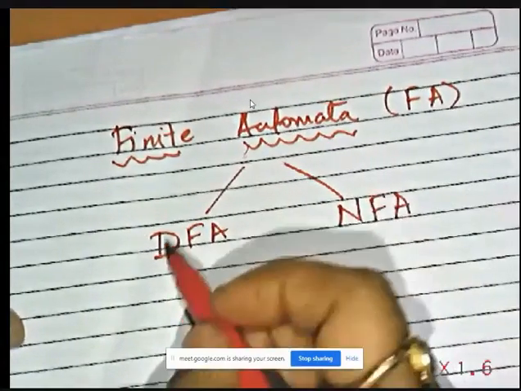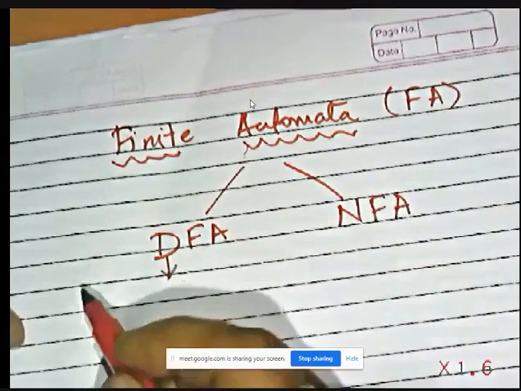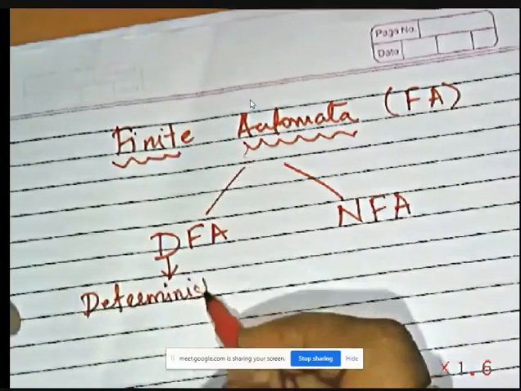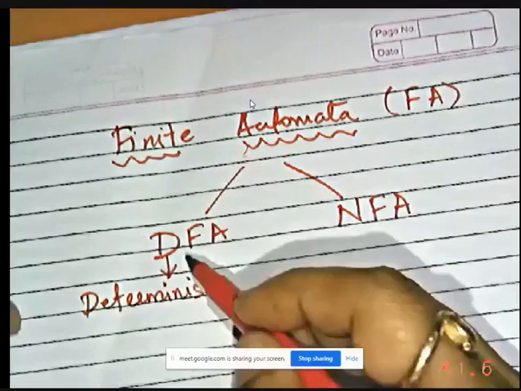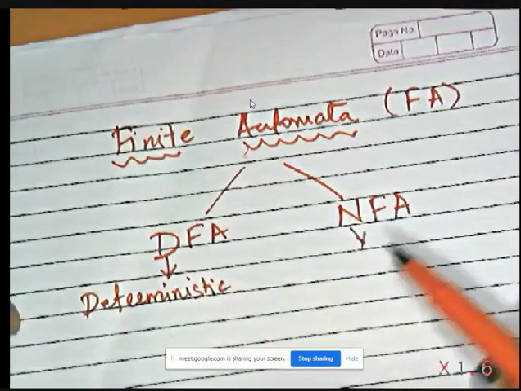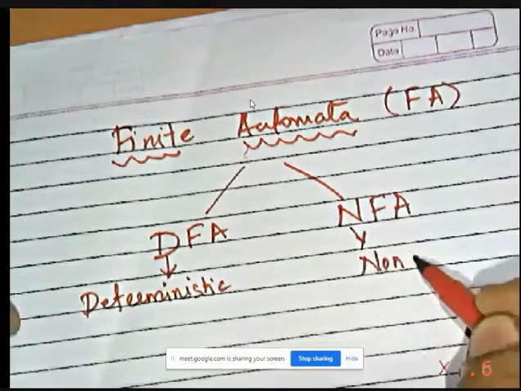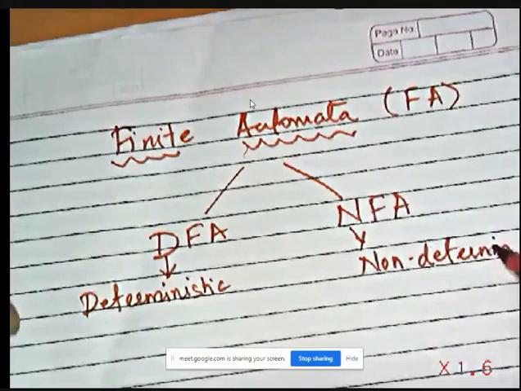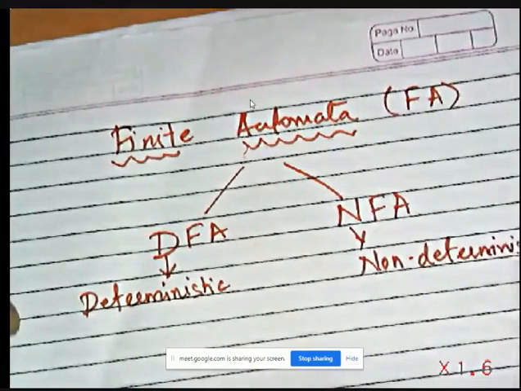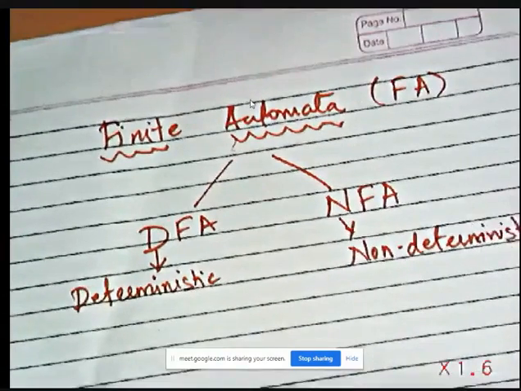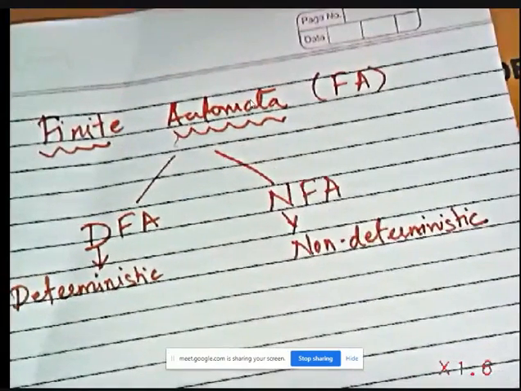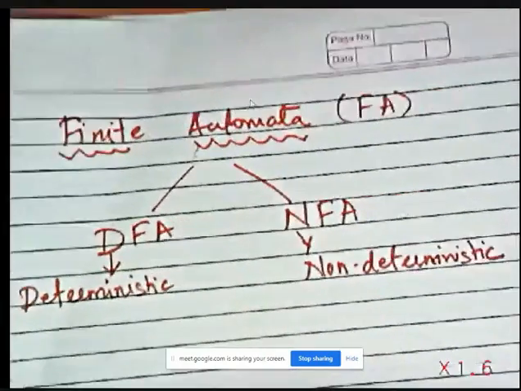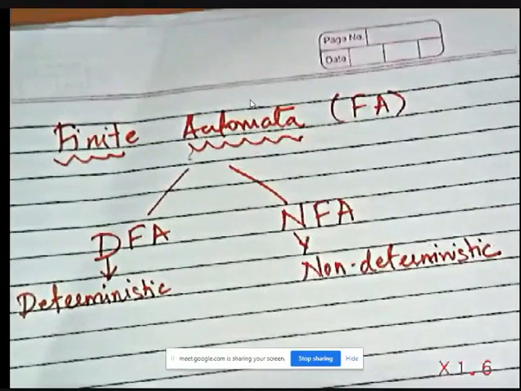D stands for deterministic finite automata and N represents non-deterministic. So finite automata are of two types, DFA and NFA. D stands for deterministic and N stands for non-deterministic.